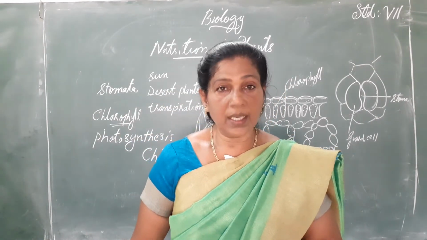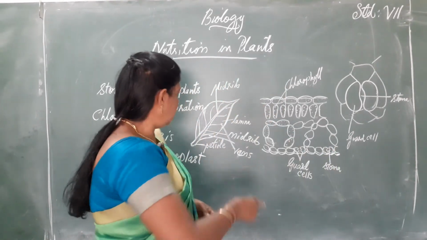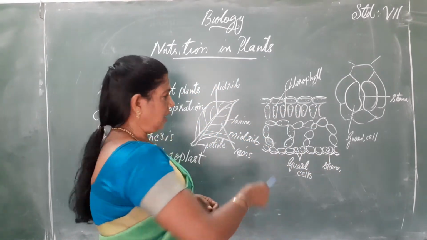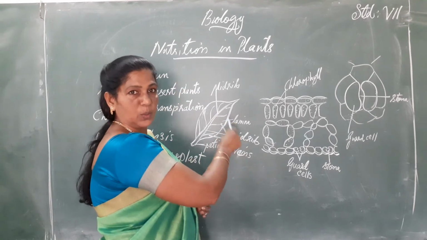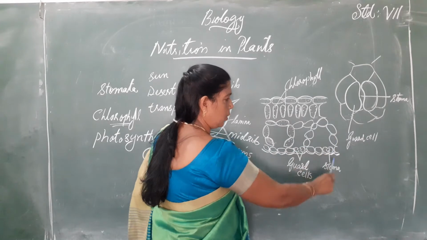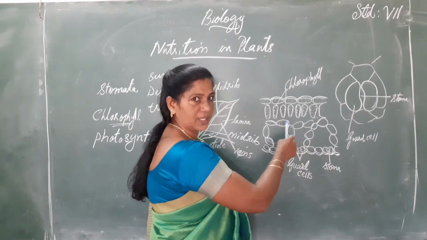Okay, children, now let us see the structure of a leaf. Whenever we cut a small portion from the leaf and observe it under the microscope, you will be able to see the leaf in such a way.